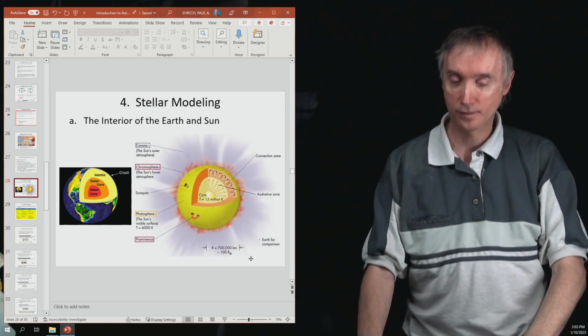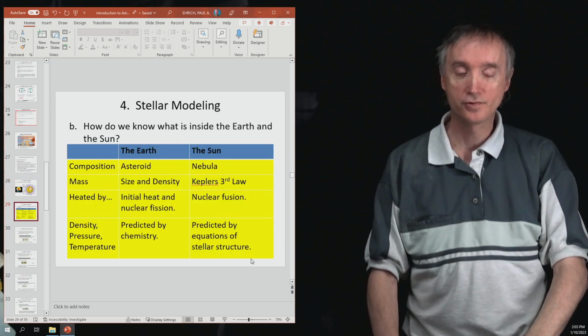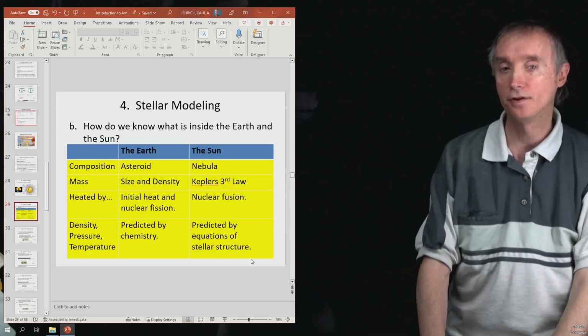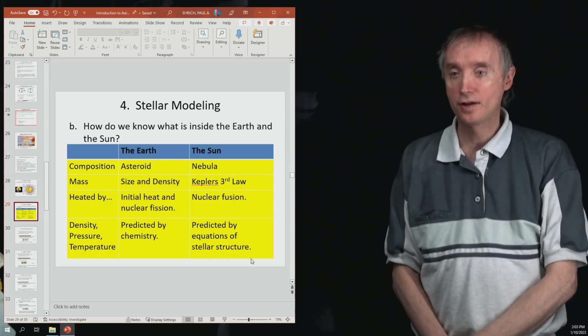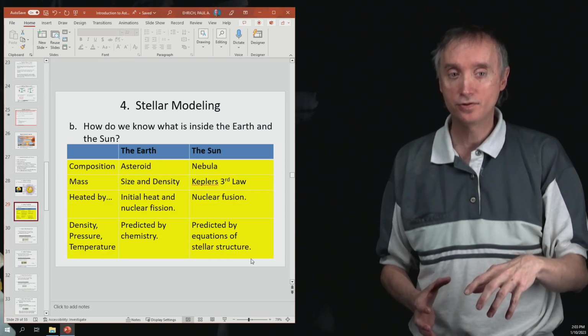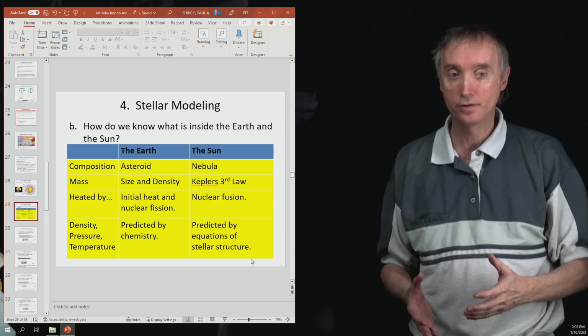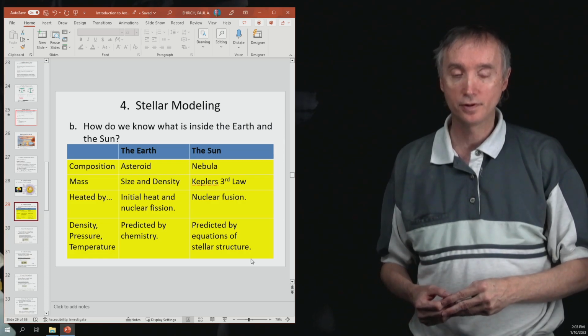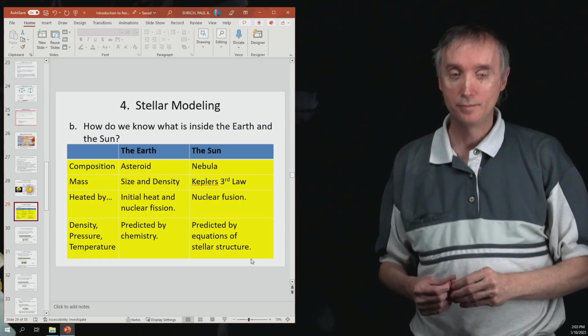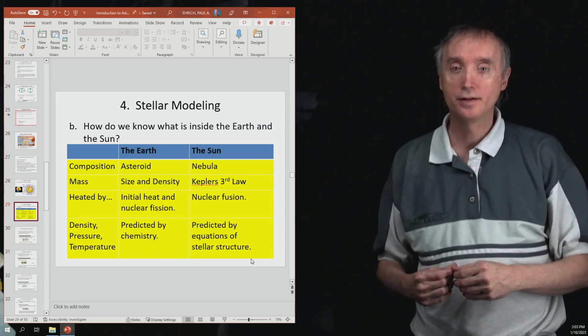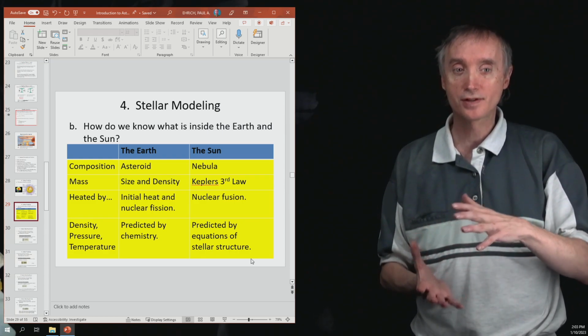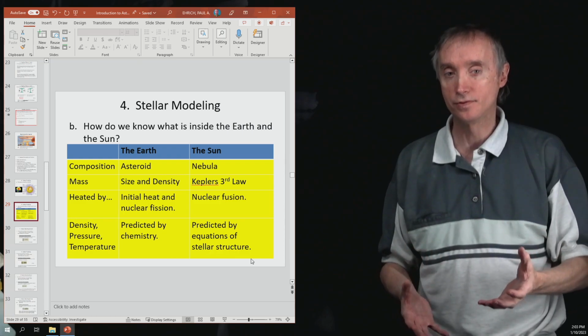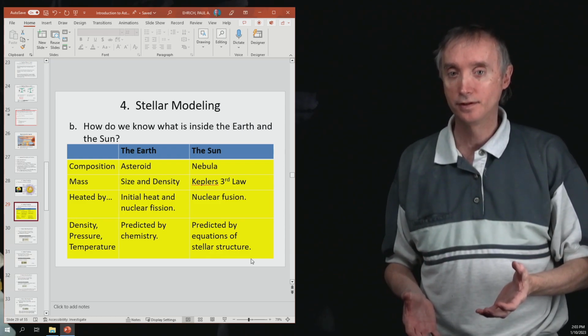Okay? How do we know? So let's go back to the Earth. Do you know that we've only drilled into the actual crust of the Earth a few kilometers, a few miles? But yet we say that the actual size of the Earth is thousands of kilometers deep.